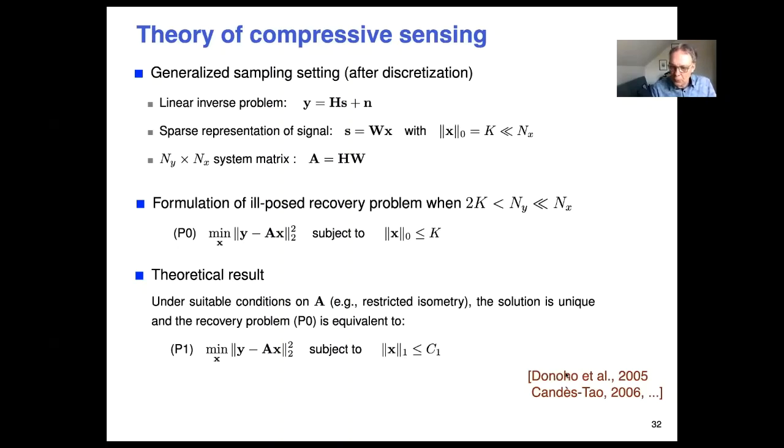And so people, Donoho, Candes, Tao, have shown that if the matrix satisfies certain properties called restricted isometry or robust null space property, then if you solve this problem, which is essentially like trying to minimize this data fidelity loss subject to the constraint that your L1 norm should be smaller than some bound that you have, actually you can find the solution of the L0 problem.